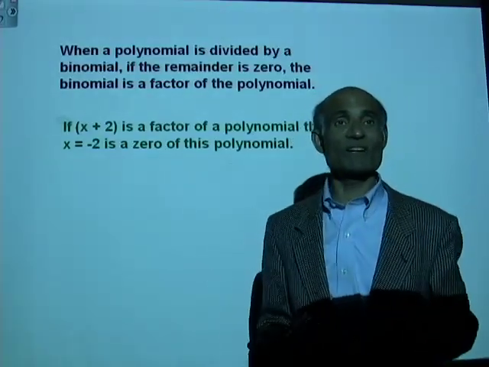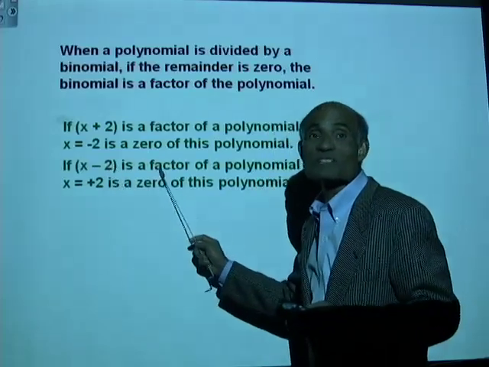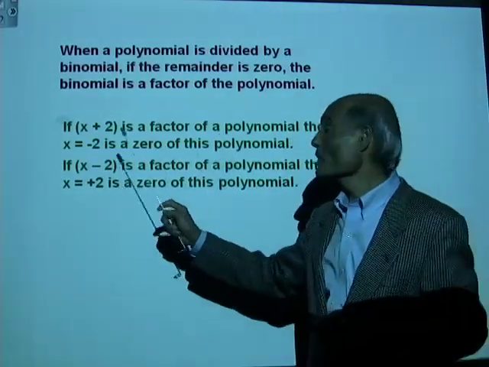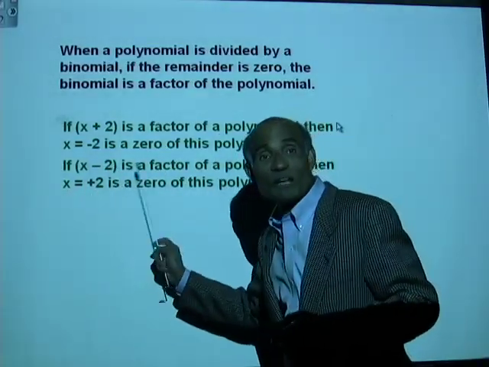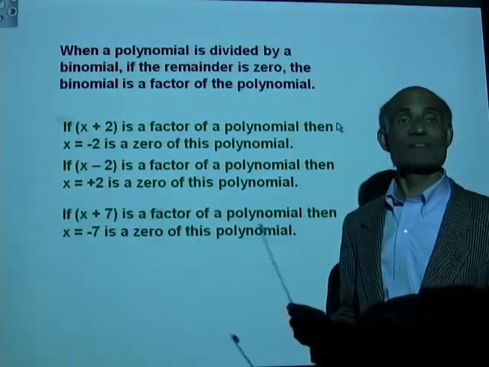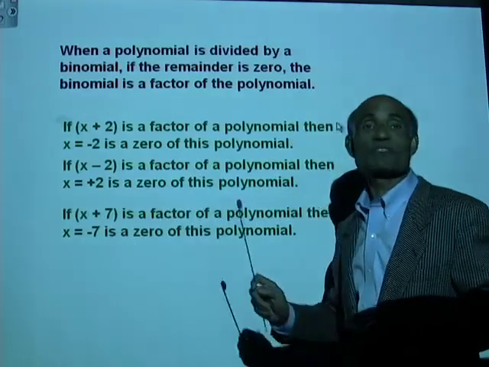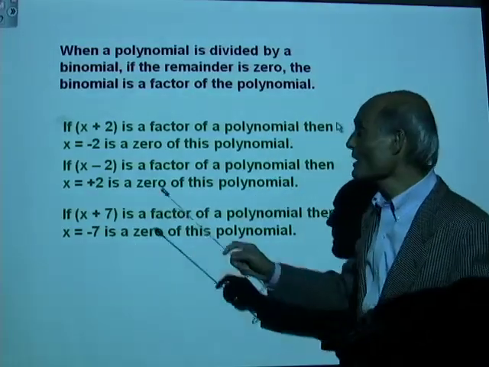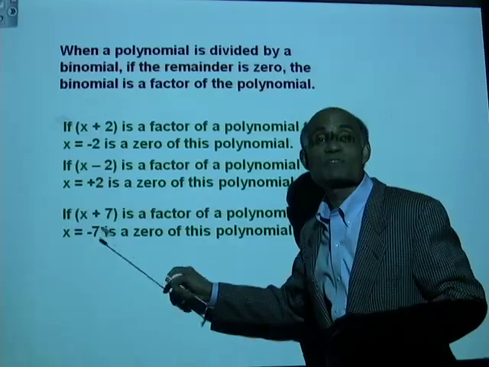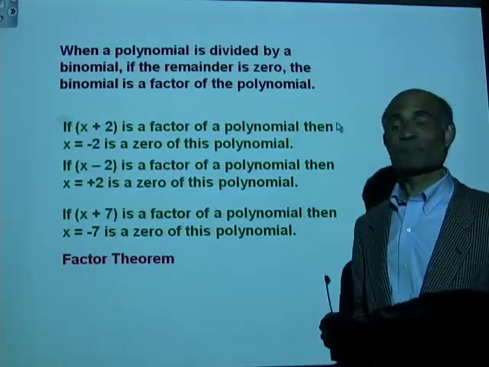We just showed that earlier. Similarly, if x minus 2 is a factor of the polynomial, then x equal to plus 2 is a 0 of this polynomial. If x plus 7 is a factor of a polynomial, then x equal to negative 7 is a 0 of this polynomial.